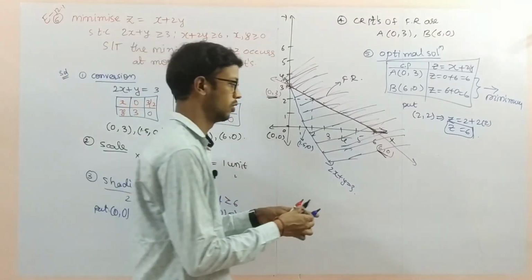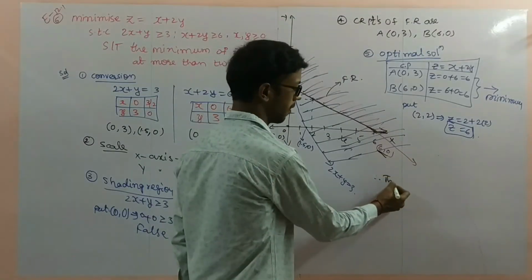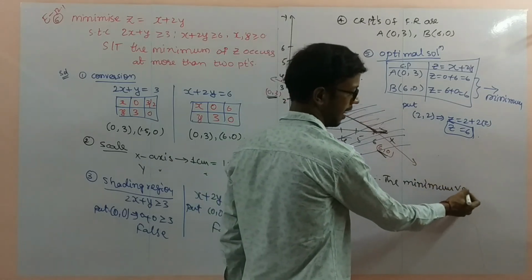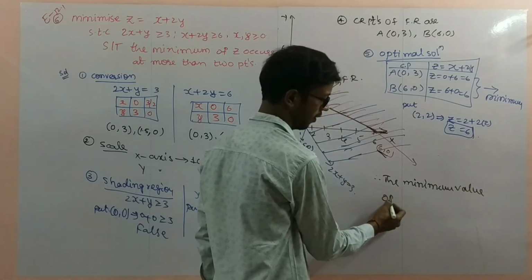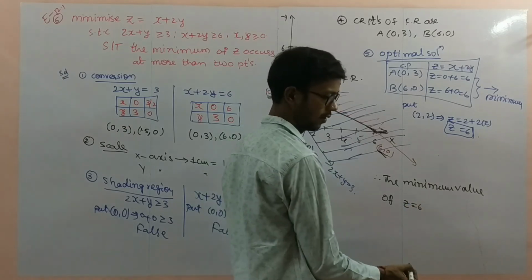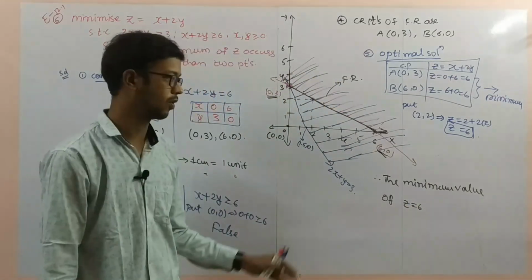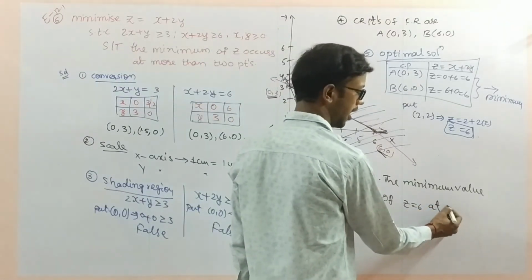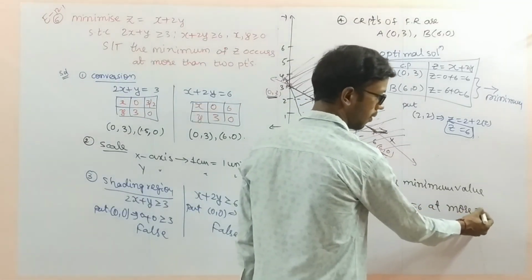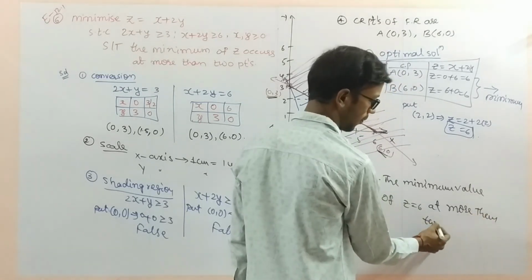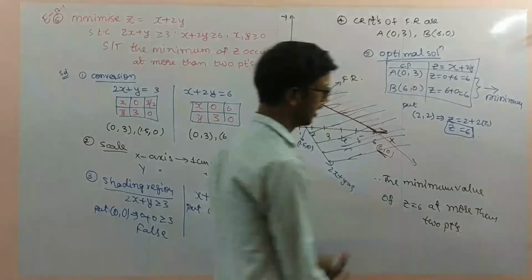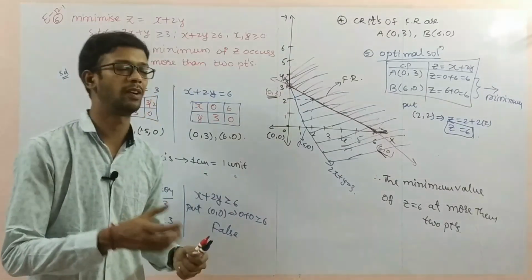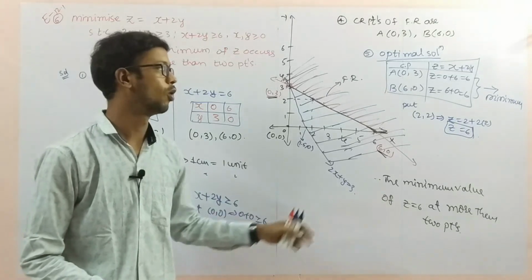Therefore, the final conclusion: the minimum value of Z equals 6 at more than 2 points. Any point on that line you substitute, you will get the answer 6 only.